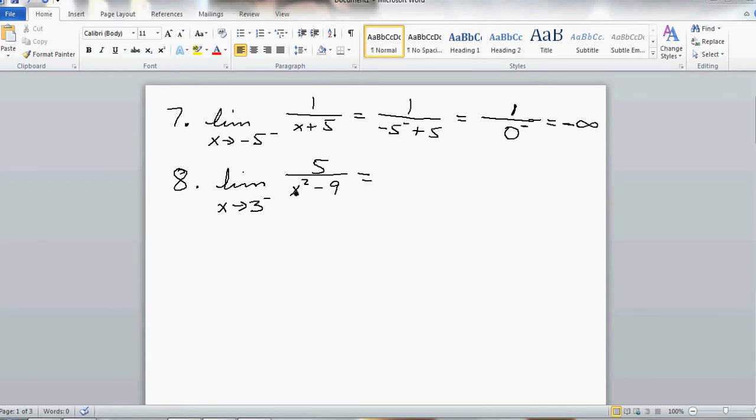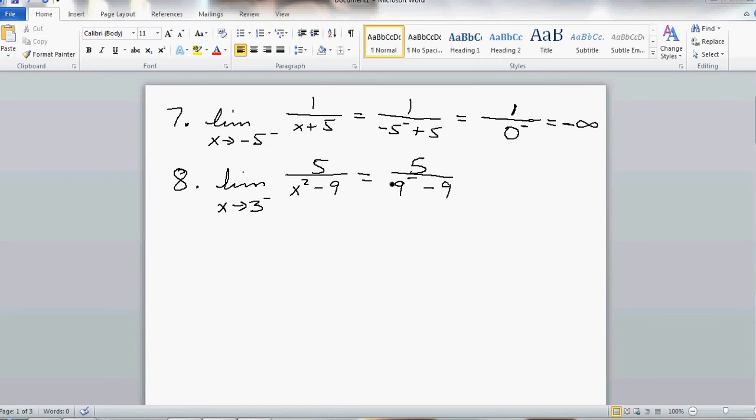Suppose I'm coming in to 3 from the left, so that's 2.99999 as an example. If I take that 2.99999 and square it, that is going to be really, really close to 9, but it's going to be slightly short of 9. And then I still have to subtract the 9 from it.